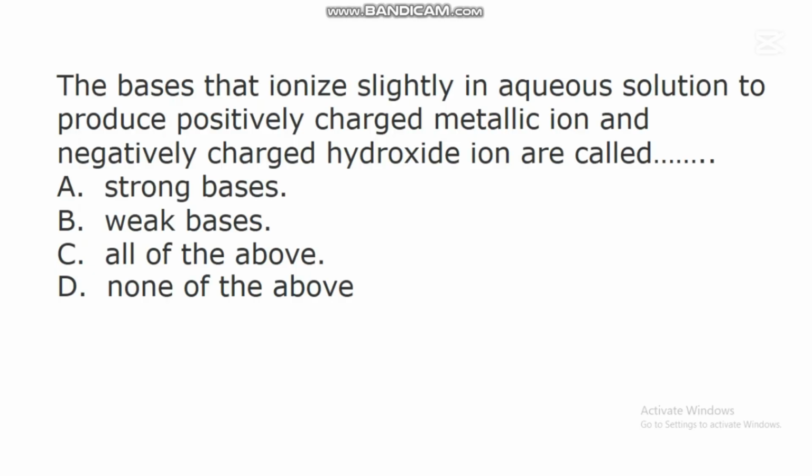In this question, the correct answer is B. Weak bases. Studies have shown in chemistry that these weak bases ionize slightly in aqueous solution to produce positively charged metallic ion and negatively charged hydroxide ion.